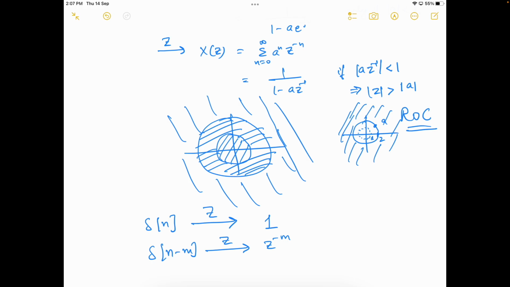So DTFT does not exist. But the advantage is that I can still work with this form. I can manipulate it, and then again go back to my time series representation of the unit step function, or whatever the transformed time series comes out to be. I can still work with it, but I cannot find the DTFT. DTFT will still not exist.